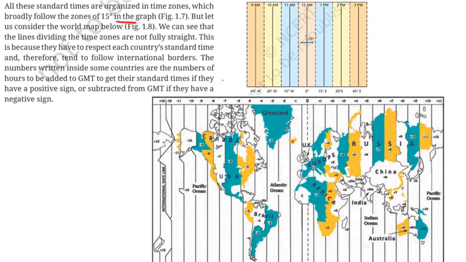So this is one time zone, this is another, this is another, and so on. Each time zone is centered around multiples of 15 degrees. Also we can see over here, this is your 0 degree time zone, this is your 1 hour time zone, 2 hours, and so on and so forth, right?